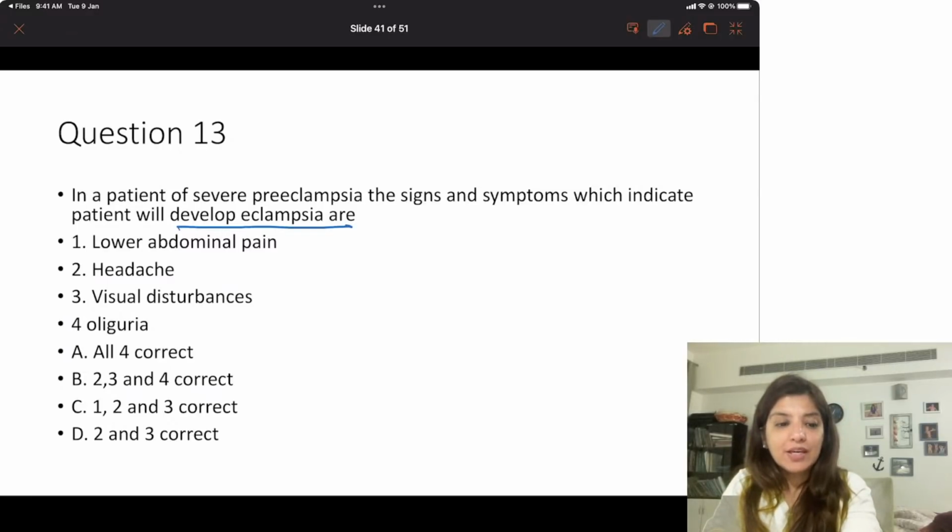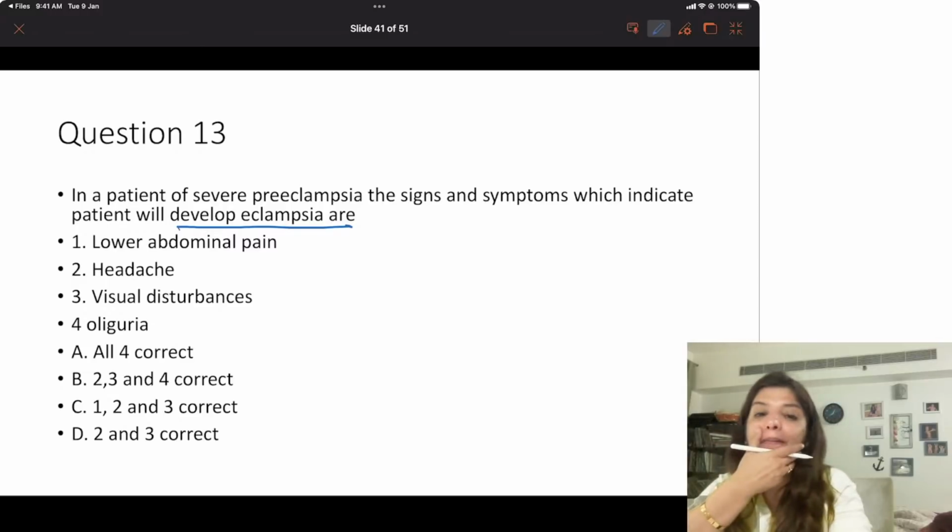Most of you are saying all 4, now some of you have started saying 2, 3 and 4. So you are saying option B. So the confusion is between option A and option B. Someone is saying option D also.